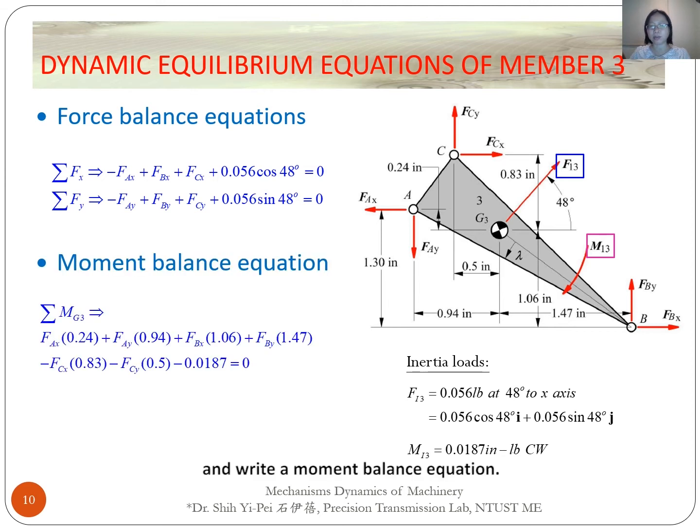And write a moment balance equation. This time, we choose center of mass G3 moments are taken. It will slightly simplify the equation since it eliminates Fi3. All the values of moment arms are shown in this figure. We can substitute them into the moment equation to get the equation.